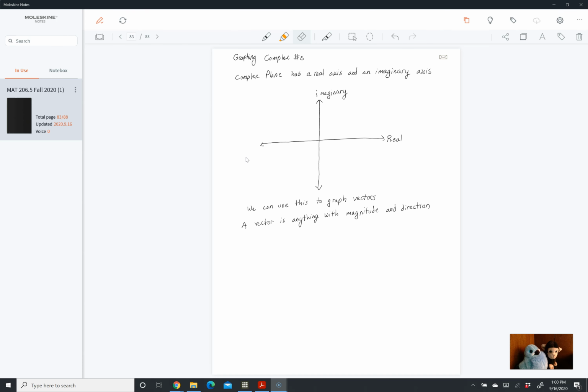Okay, an example would be displacement. So displacement is just distance and direction. I'll put an equals distance and direction.